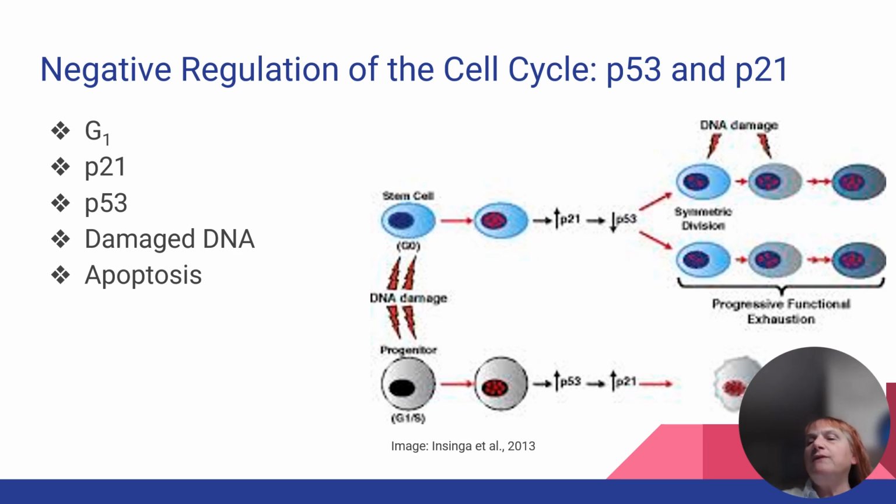As both P53 and P21 levels increase, the chances of the cell moving into S phase decrease dramatically because they're binding up the cyclin and the CDK, which pushes the progression of the cells. So if they bind those up, the cells aren't going to be able to move forward through the cell cycle.